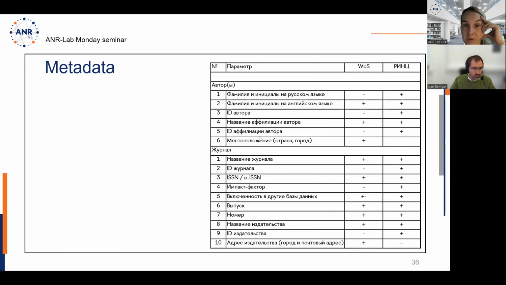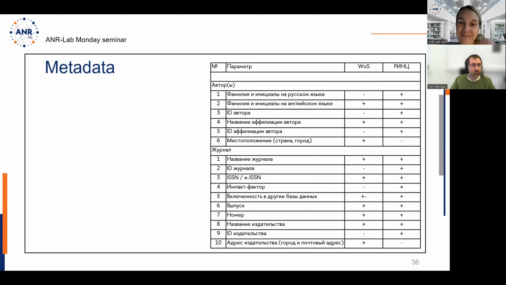Then talking about authors, we basically have the same information, but what is good for eLibrary is that we also have the ID of the author and the ID of the author's affiliation. And that's why at the beginning of this project, we thought that it would be a huge benefit of this database.